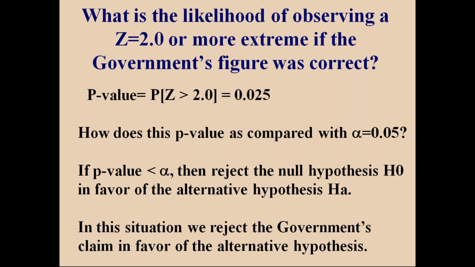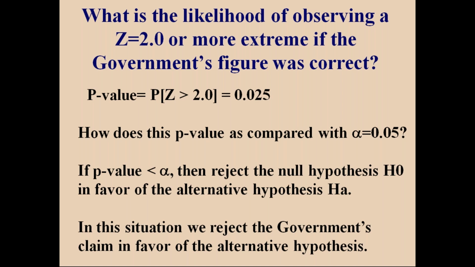Now see the slide: what is the likelihood of z equal to 2.0 or more extreme if the government's figure was true? The p value equals probability of z greater than 2.0, that equals 0.05. How is this p value compared with alpha equals 0.05?